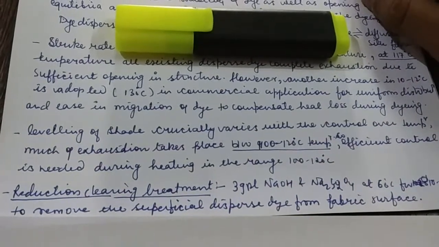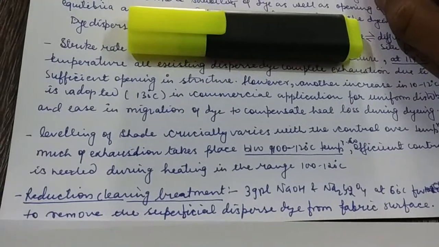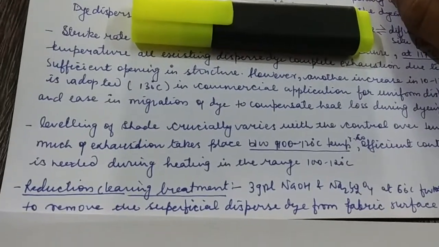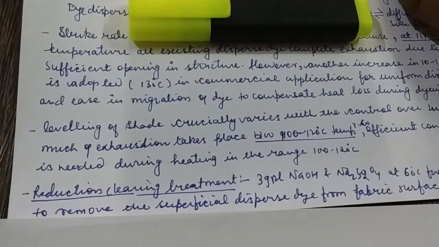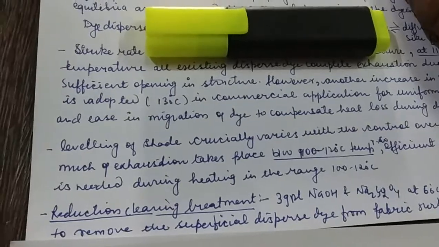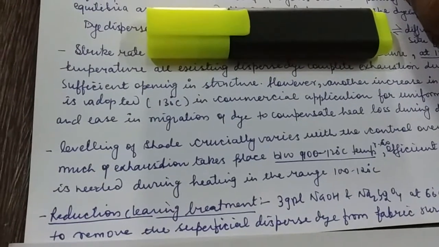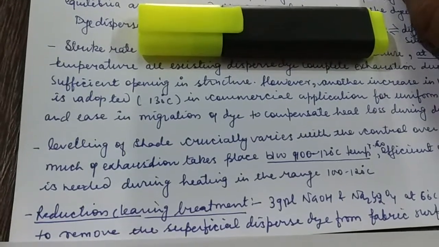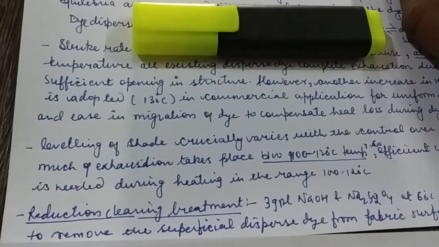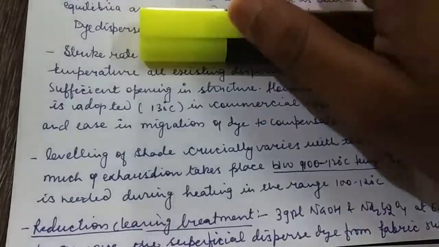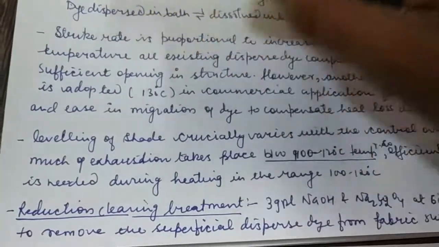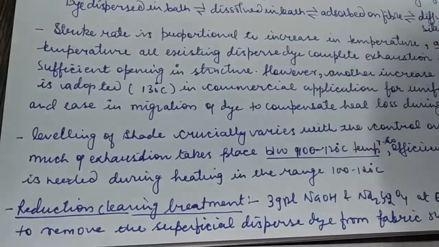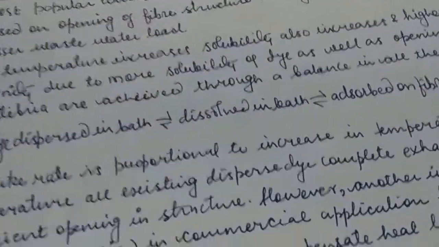In short form, this reduction clearing treatment is known as RC treatment. So after RC treatment, we can assure better washing fastness by assuring the absence of superficial dispersed dye on the fabric surface.